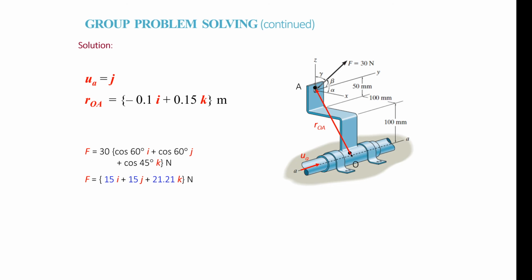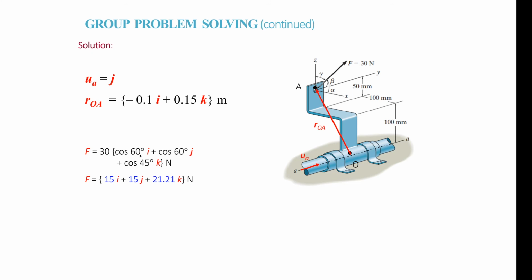We start from the origin down here, and in the A direction there's nothing, just J, but it's going back in the negative X direction, 100 millimeters, which is 0.1 meters, negative because it's going in the negative X direction. And in the Z direction we're going up 0.15, because it goes up by 0.1 and then 0.05. So there's our R_OA.